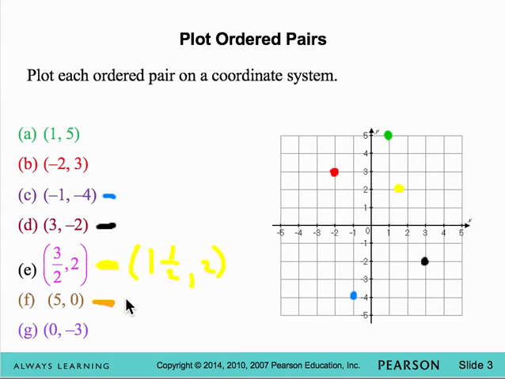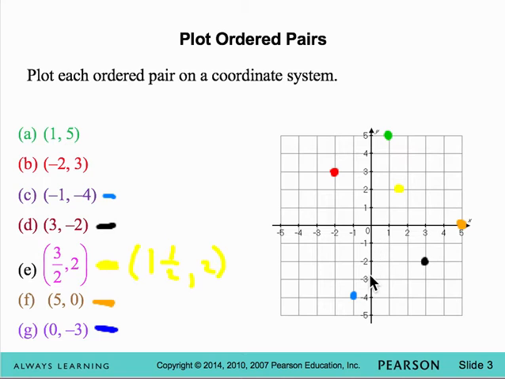Next, 5, 0: 1, 2, 3, 4, 5, and then you don't go up or down at all. So that is my x-intercept. And then 0, -3: I don't go right or left.